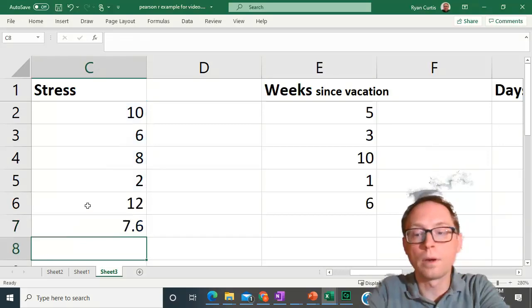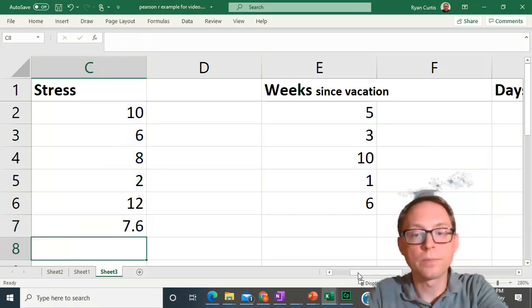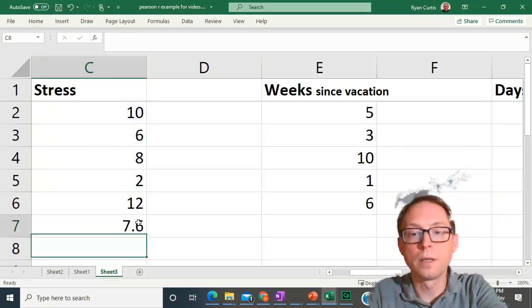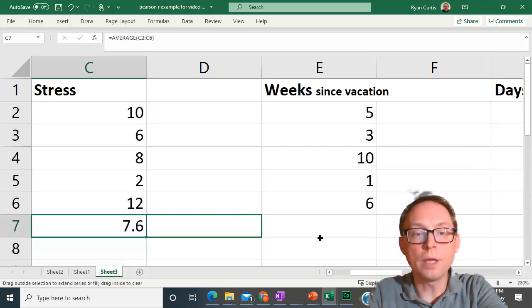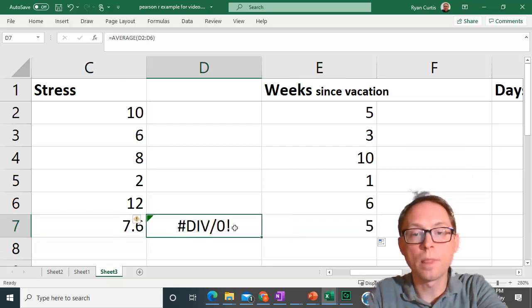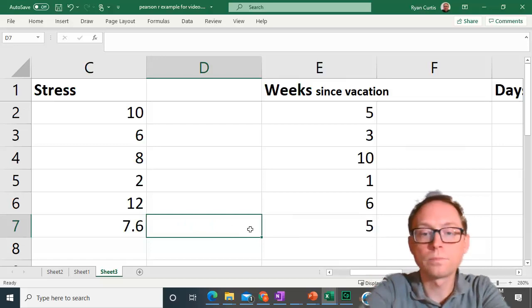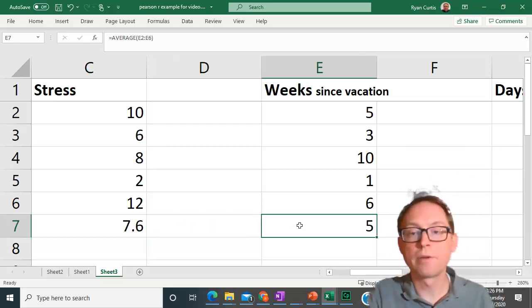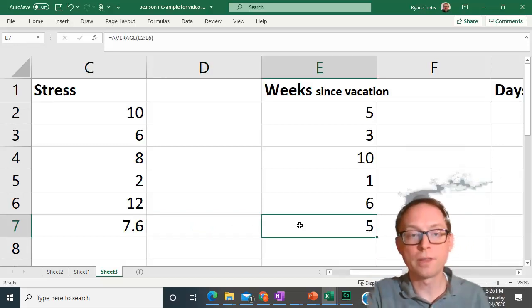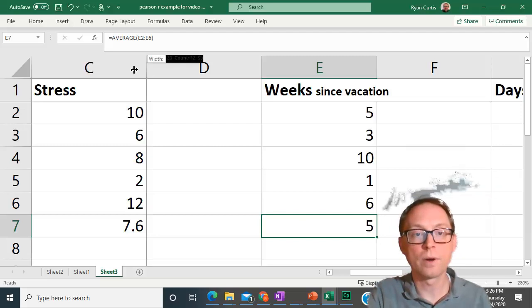All right, and there's the mean of stress, 7.6. Now we need to do the same thing for weeks. And the average is 5 weeks without a vacation. That is the average.